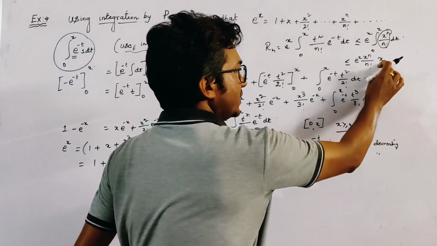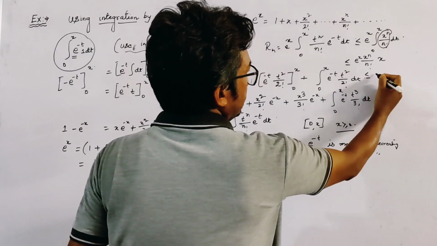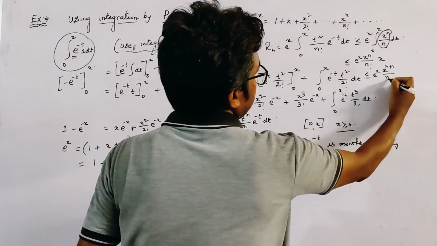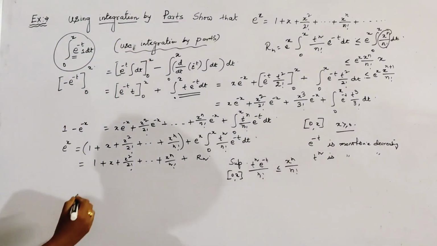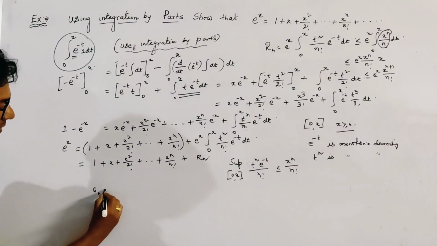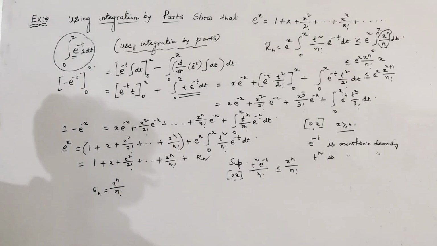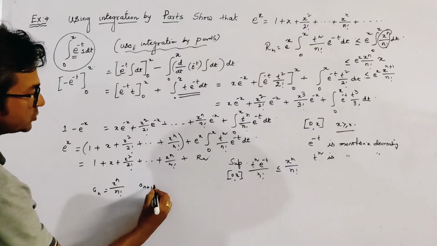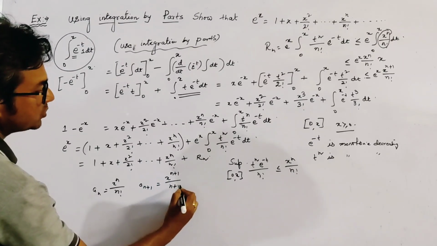Now this is less than or equal to e to the power x into x to the power n plus 1 by n factorial. Now if we take an equal to x to the power n by n factorial, then an plus 1 is equal to x to the power n plus 1 by n plus 1 factorial.